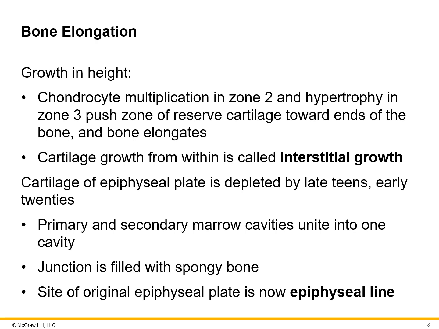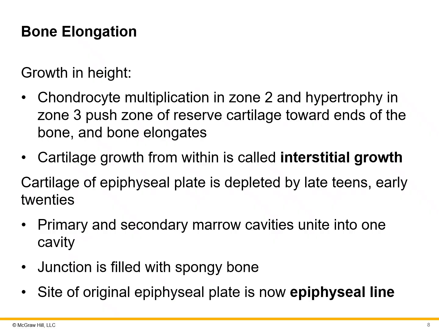And in the late teens to early 20s, all cartilage of the epiphyseal plate starts to become depleted, and the primary and secondary marrow cavities will then unite and form one cavity.